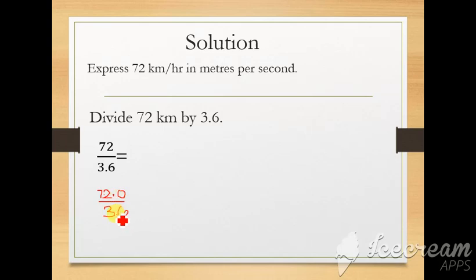It's always easy to divide with a whole number. So I'll move this 6 to the other side of the decimal point, so that I have 36.